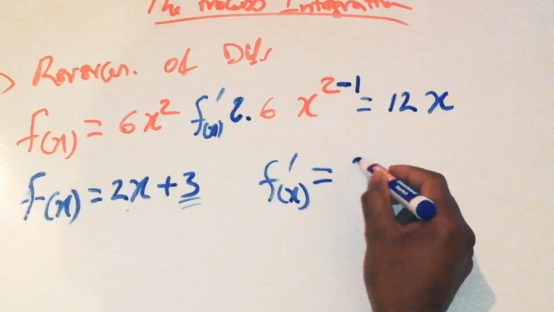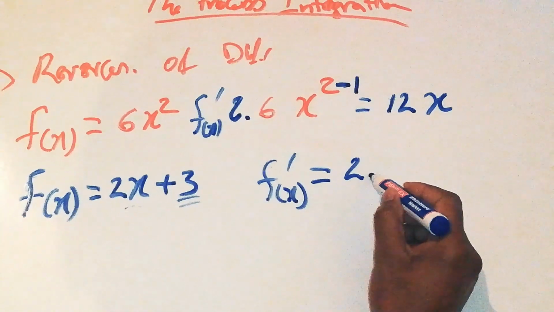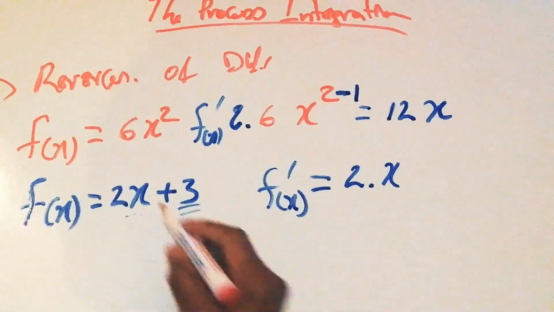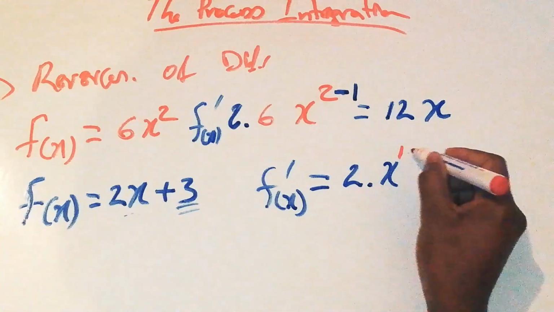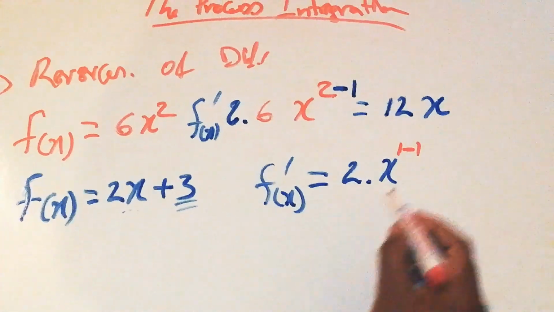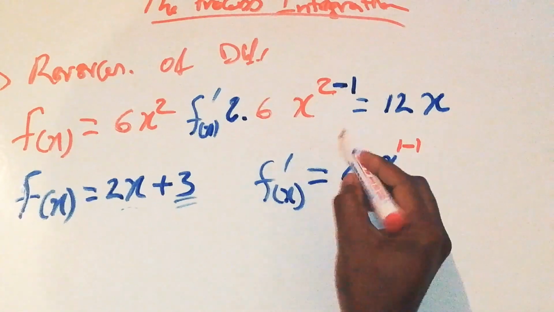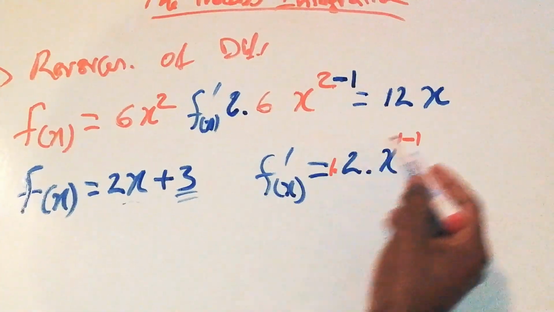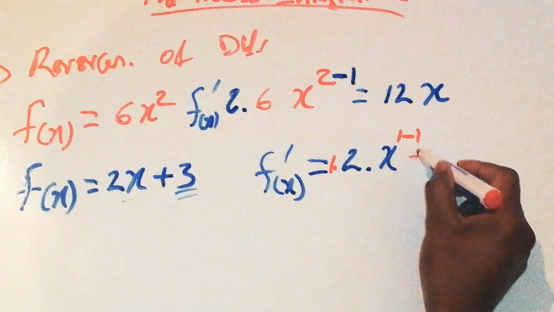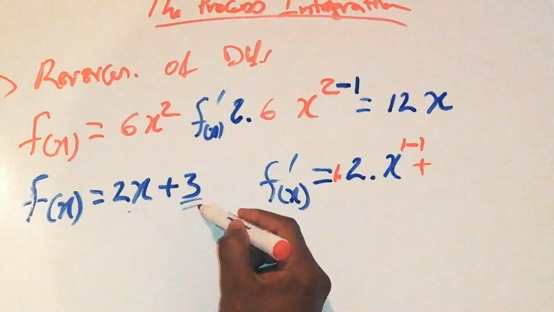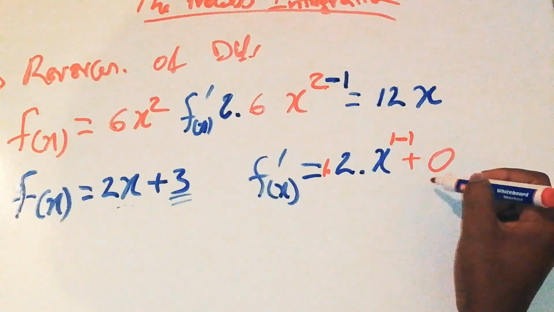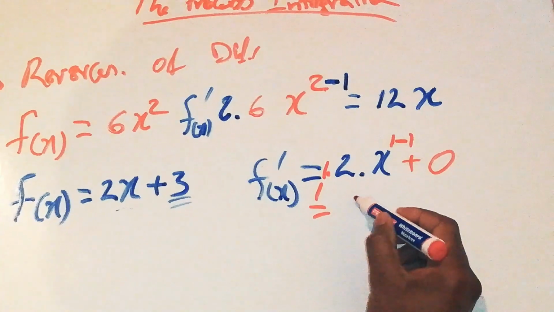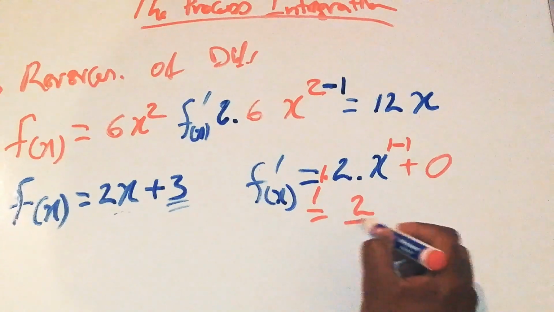So applying the formula as I said, the 1 comes down, the exponent 1 minus 1 gives x to the 0, and the constant factor is 0, which then gives me that the differentiation of 2x plus 3 is equal to 2.